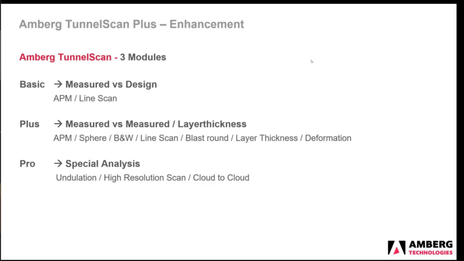So that's a special analysis. Also high resolution scan, where we transform a 3D point cloud into an image. And very important, the cloud to cloud, where we can connect clouds, we can stitch them together. It means you have a reference cloud, and then you can add an unreferenced cloud to the referenced one, and the software will automatically reference the other one.